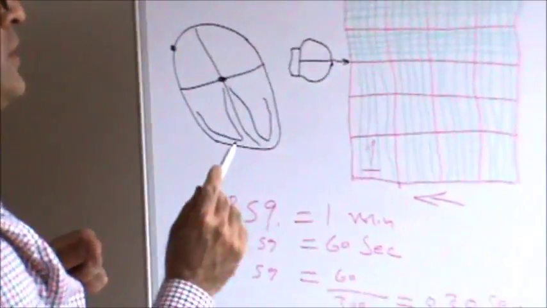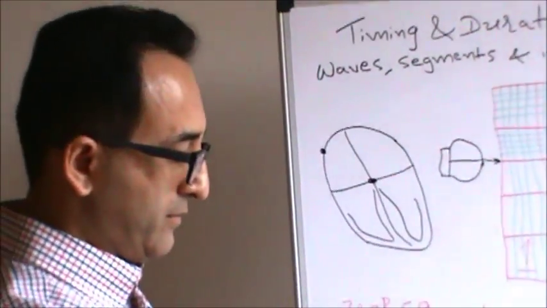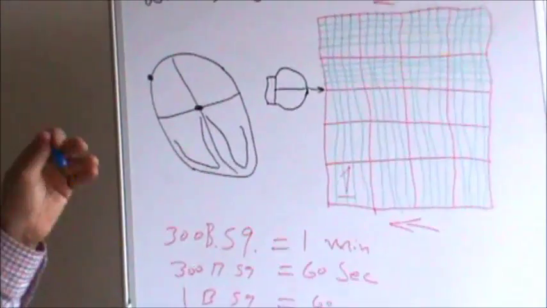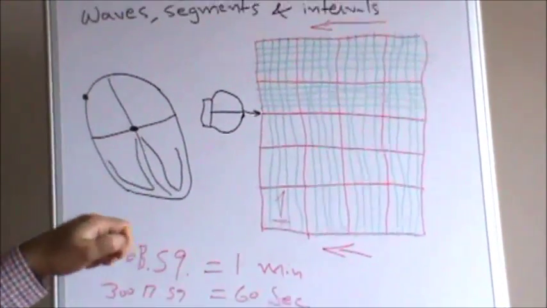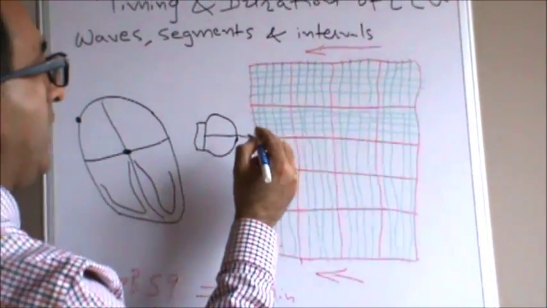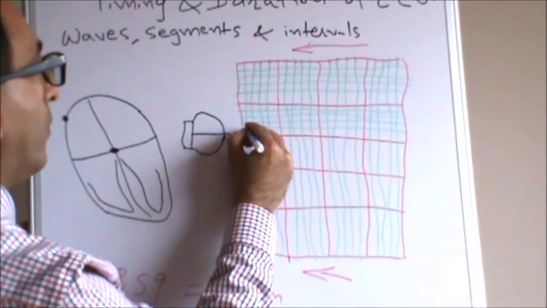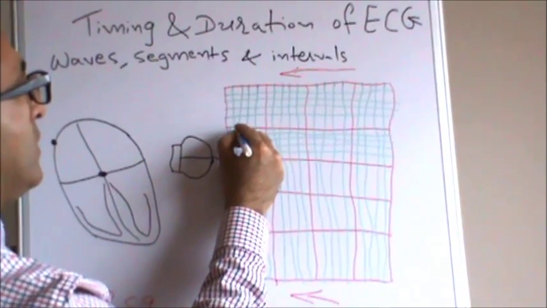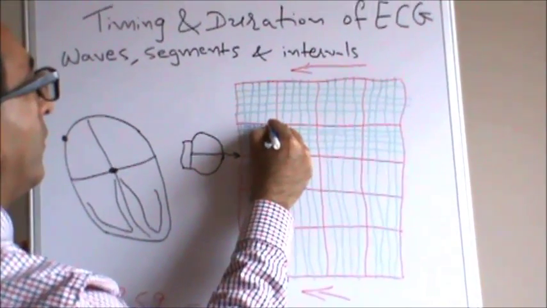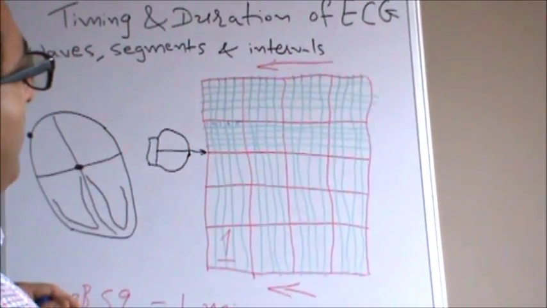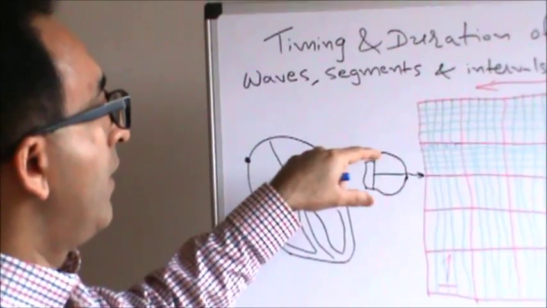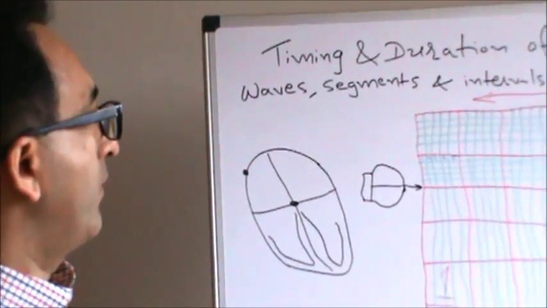So if you carefully notice, within 1 big square there are 5 small squares. Okay, so like 1, 2, 3, 4, 5. So 1 big square equals 5 small squares.